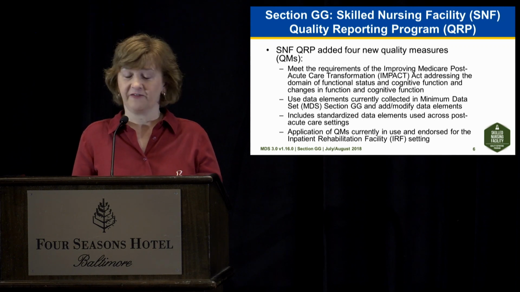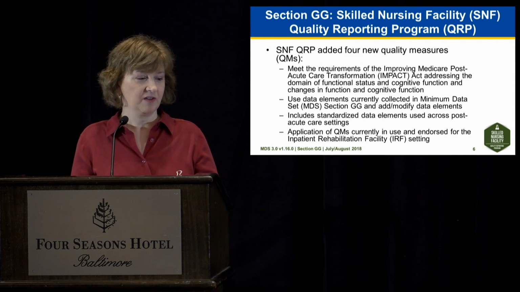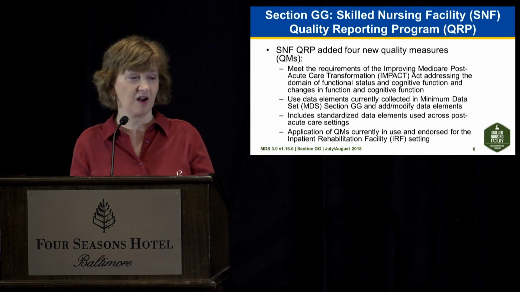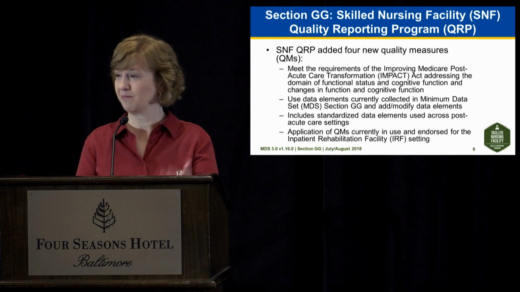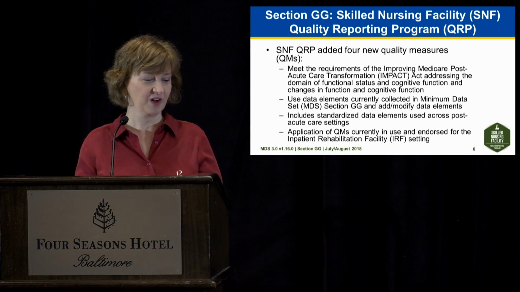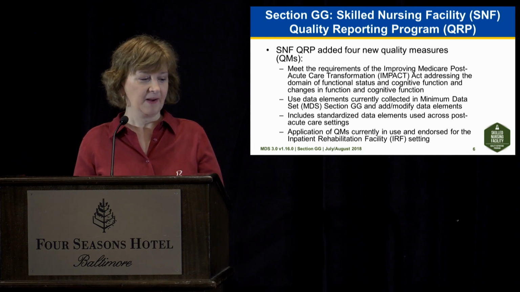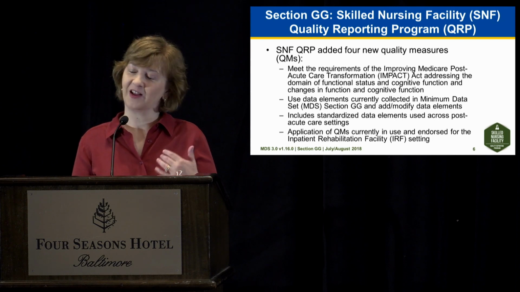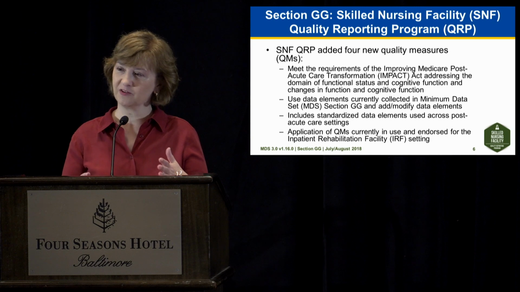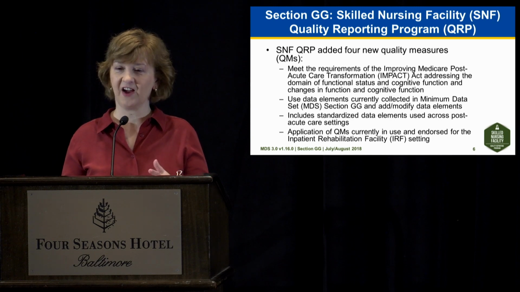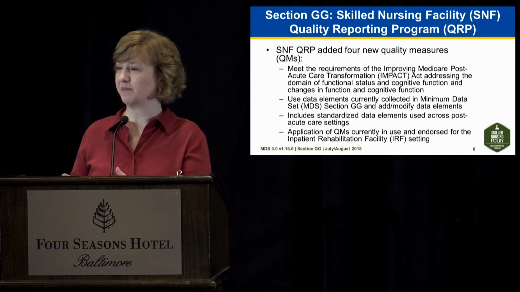In terms of the functional outcome measures, as I mentioned, these relate also to standardized data elements across the post-acute care settings, and I think my points that I just mentioned reinforce that. And I think I mentioned this yesterday, the 4 quality measures are similar but modified from the quality measures used in inpatient rehab facilities.